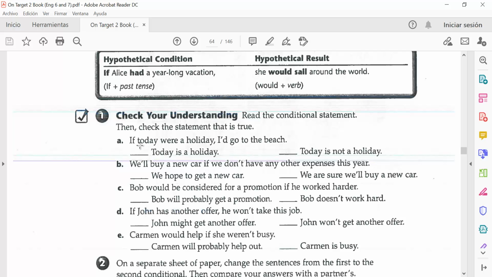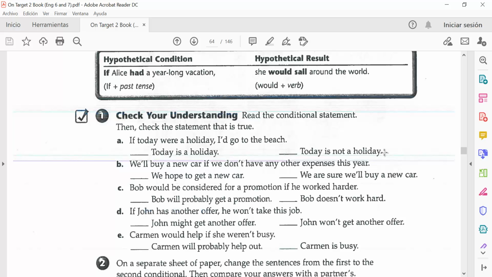Okay? So let's do the number one. It says, if today were a holiday, I would go to the beach. You have two options. Today is a holiday. Today is not a holiday. Which one do you think is the correct answer? Yes, if you went for the number two, that is the correct one.